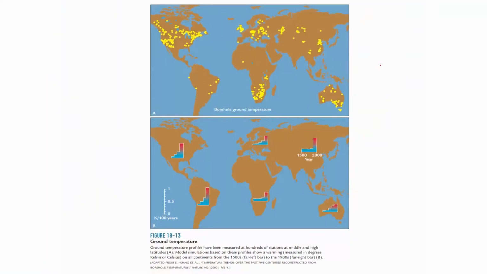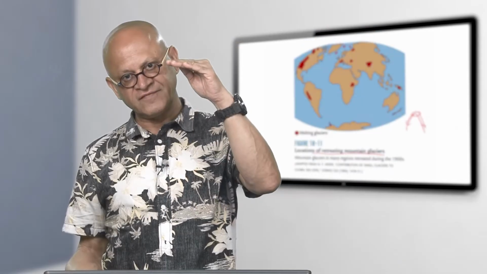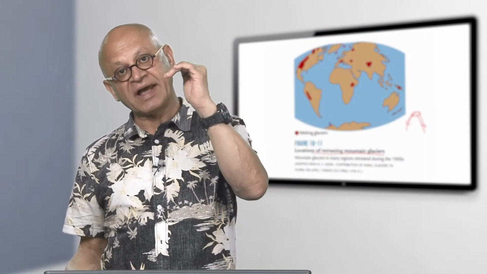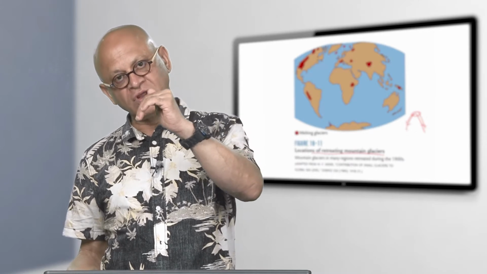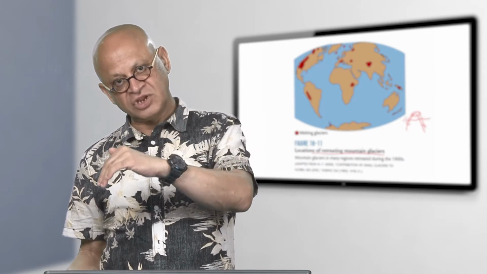So this is now the measurements of ground temperature. These are typically what are called borehole ground temperatures. So it is a small narrow hole deep into the ground, and at the bottom of the borehole the temperature corresponds to the geothermal heating, and the profile of the temperature within the borehole close to the surface begins to show the impact of warming, how far down the warming penetrates into the borehole.